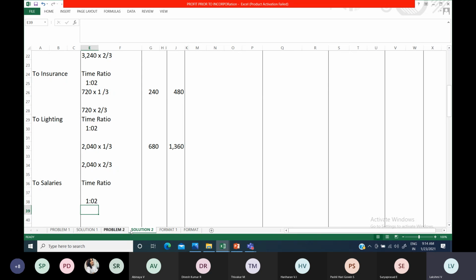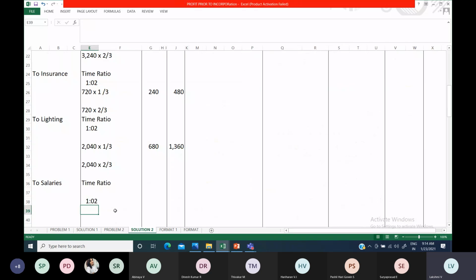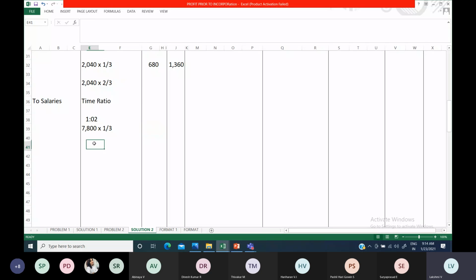So the amount is 7,800. So 7,800 into 1 by 3. That will come under the pre-column.